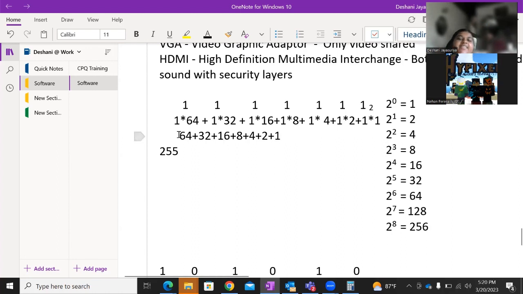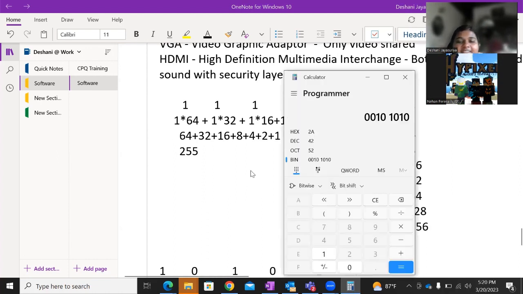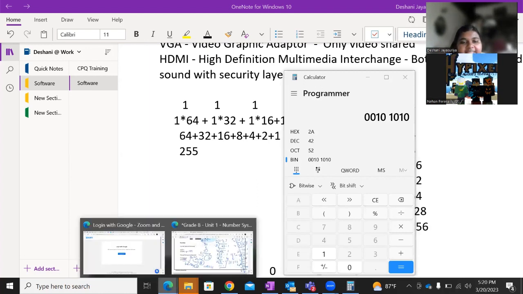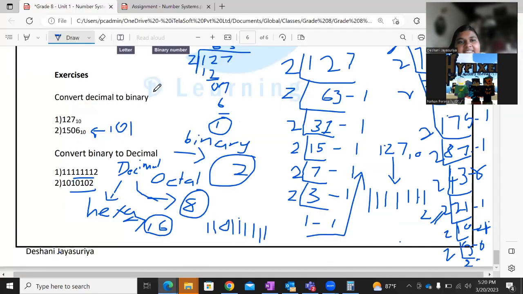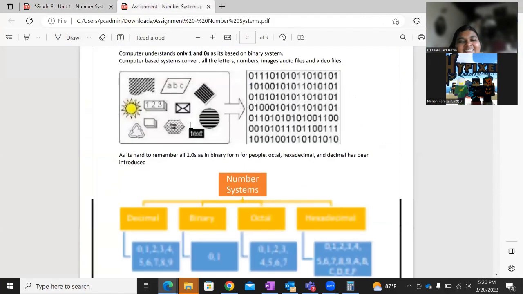So altogether it equals 255. That is the value for this. Okay. So like that, any number can be taken and converted to binary, and binary can be converted back to this format.